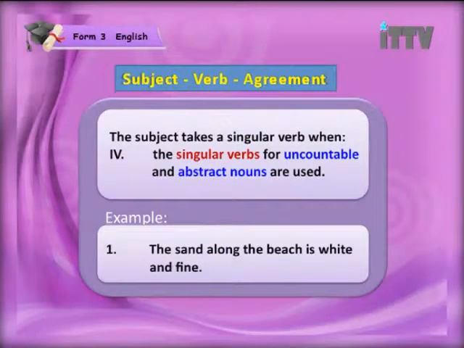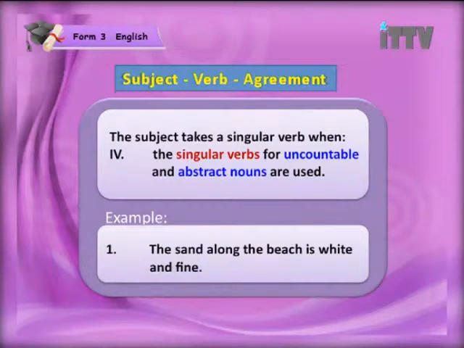Next, the subject takes a singular verb when the singular verbs are used for uncountable nouns and abstract nouns. I'm sure students, you know what are uncountable nouns and what are abstract nouns. Good. Now look at the example. The sand along the beach is white and fine.